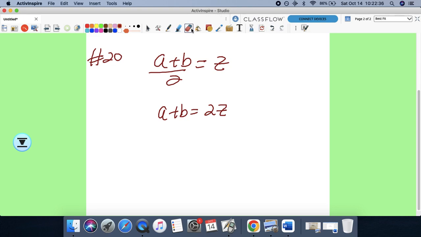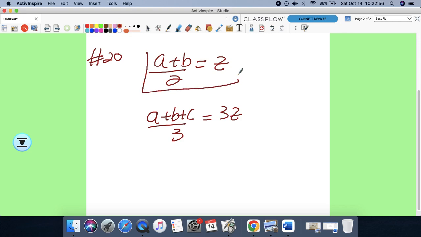Hang on a second, let me go back. A plus B plus C divided by 3 is 3Z. But we can cross multiply. So our first, right? So we can change this to A plus B equals 2Z when we cross multiply. So I know that A plus B is 2Z.